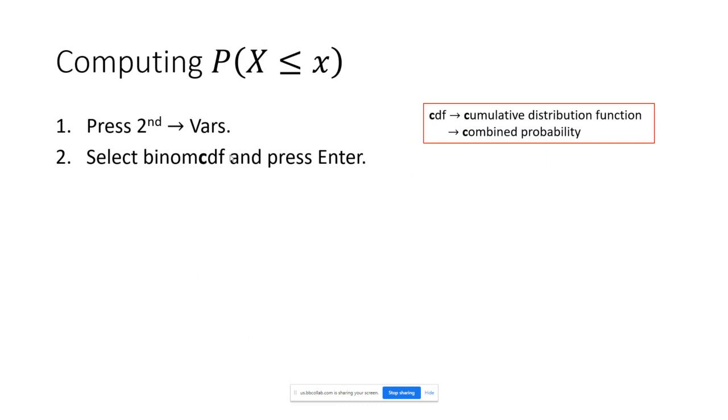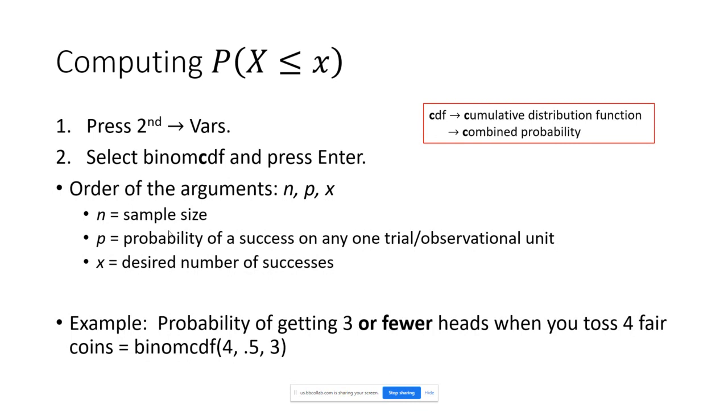So that's the cumulative probability of being any value from 0 up to and including little x. The order of the arguments is the same as for binom PDF. So for example, the probability of getting 3 or fewer heads when you toss 4 fair coins would be binom CDF of 4, 0.5, 3.